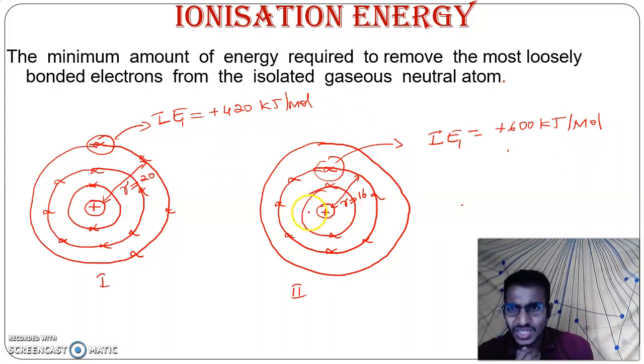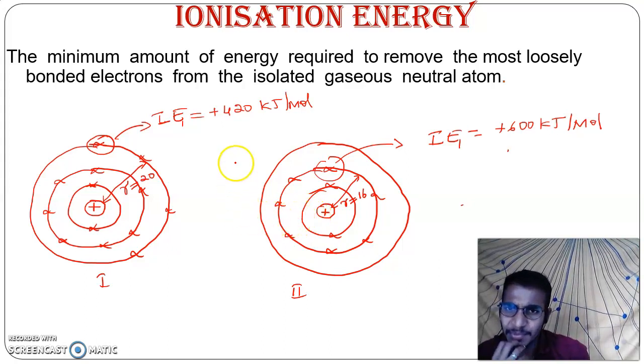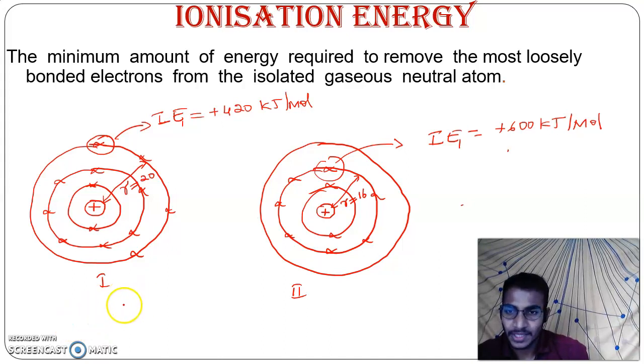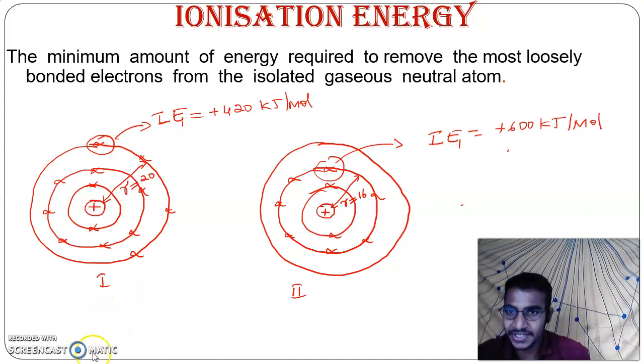So you may think, why is it happening, why do we need less ionization energy here and more ionization energy to remove an electron from the second shell? The only thing you should remember is a concept we have been studying from 8th, 9th, 10th standard: like poles repel each other and unlike poles attract each other.